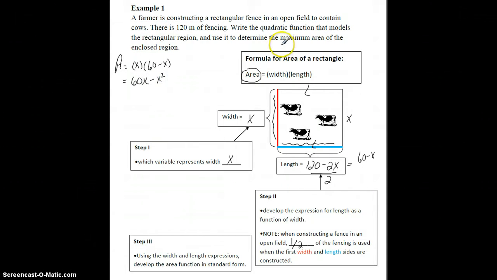We would expect that because we're told to get a maximum. So the a value has to be negative. Now if we want to find whatever the maximum width and length are, or area, we'll have to solve this equation now.